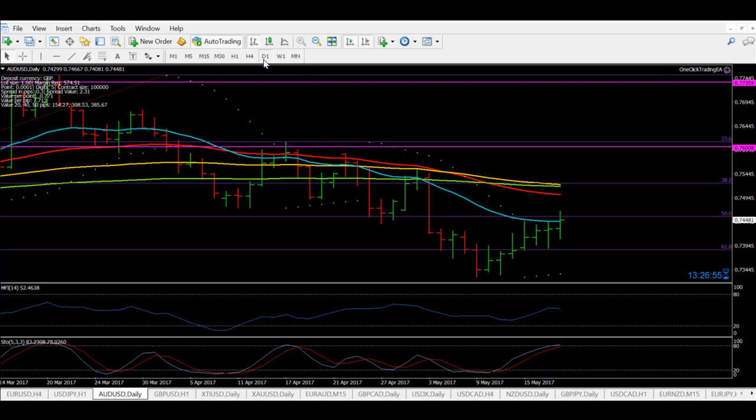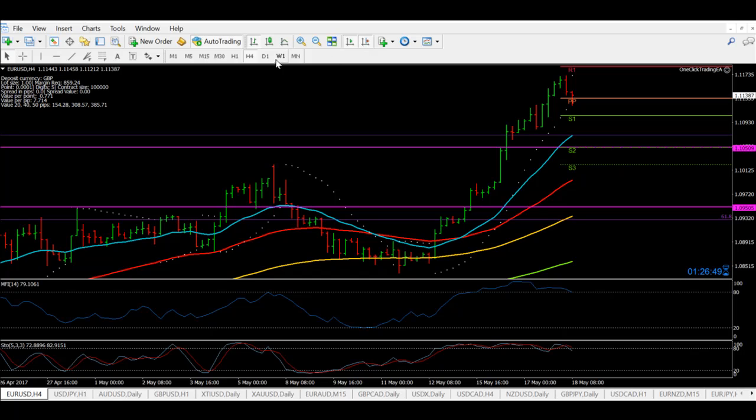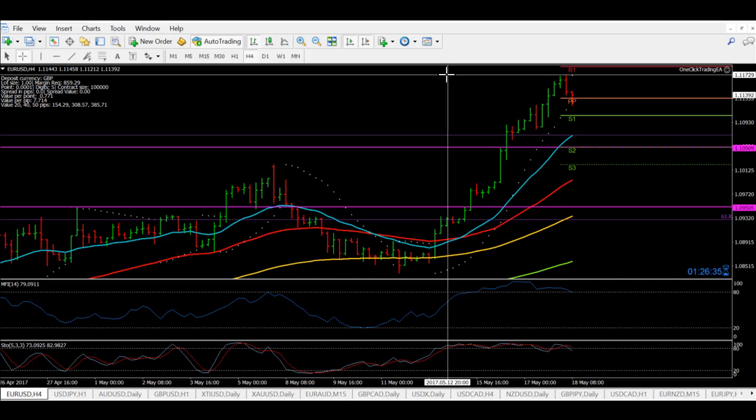Moving on forward, just having a look at the euro. As we can see on this 4-hourly chart, euro has been relentless overnight, coming up to the 1.1170s and hitting a high. And I'm just going to mark it out on our chart right now.